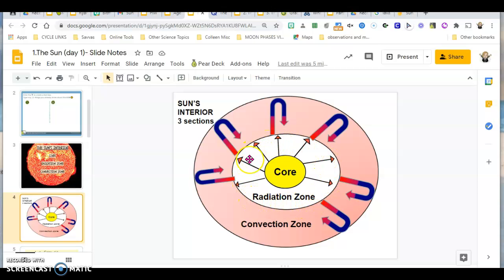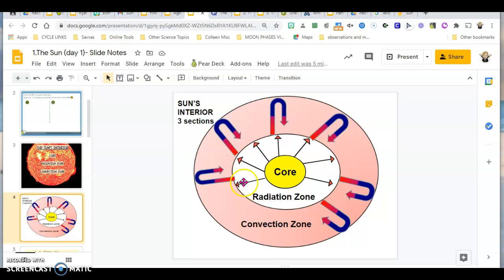This region is called the radiation zone. It's very dense, or tightly packed with gases. It's so tightly packed that it takes the energy over 100,000 years to move from the core through the radiation zone. Once it reaches the top of the radiation zone, it enters this region called the convection zone.